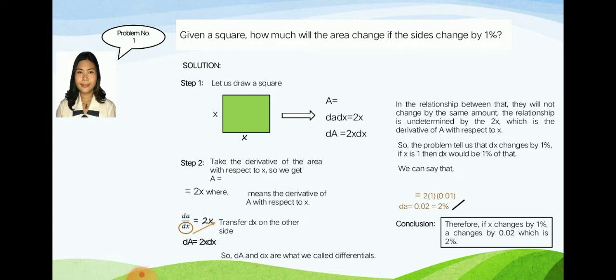Then it's equal to 2 times 1 because 100% of anything is the whole thing. So we have 2 times 1 times 0.01. So 2 times 1 is equal to 2, times 0.01, we have 0.02. Then in percent form, we have 2%. So therefore, if x changes by 1%, there is also a change in its area by 0.02, which is 2%.